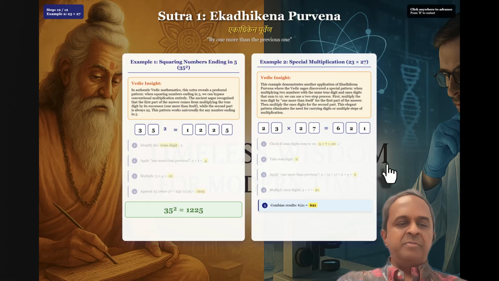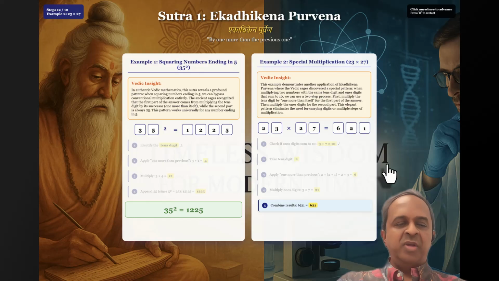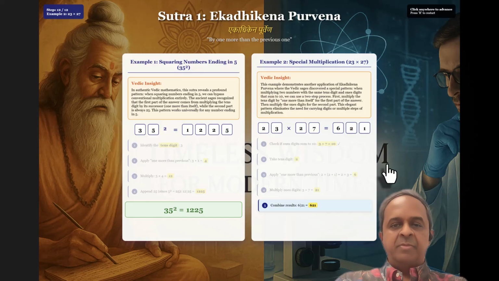The sutra forms the foundation of many other techniques we will explore in our journey through the Vedic sutras. As you practice these techniques, remember that you are connecting with mathematical wisdom that has been preserved for thousands of years, offering not just calculation shortcuts, but a deeper understanding of numerical relationships.